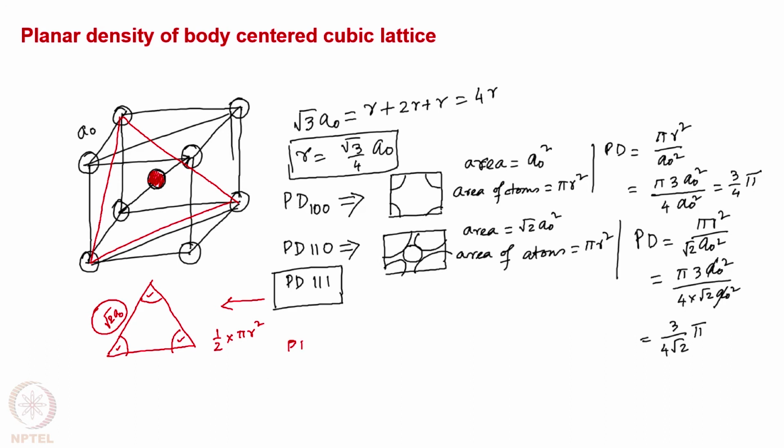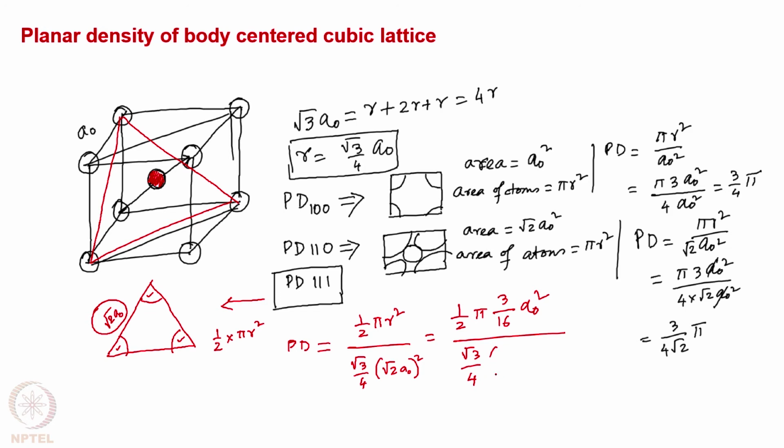So the planar density that one should calculate is 1/2 pi r square divided by root 3 by 4 into root 2 a0 square. So now half pi, r square is 3 by 16 a0 square, and root 3 by 4 into 2 a0 square.